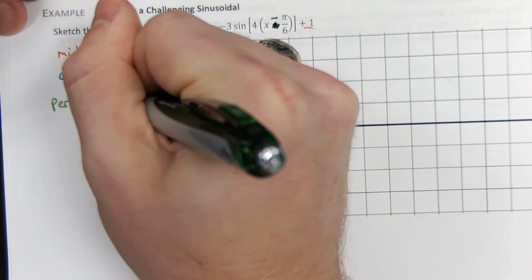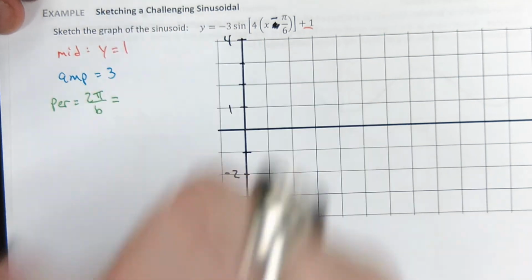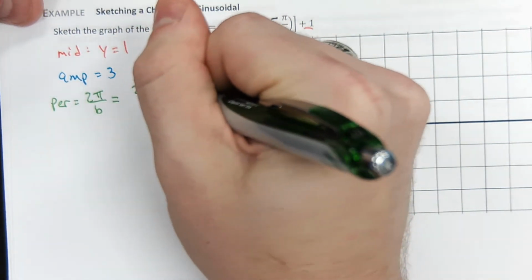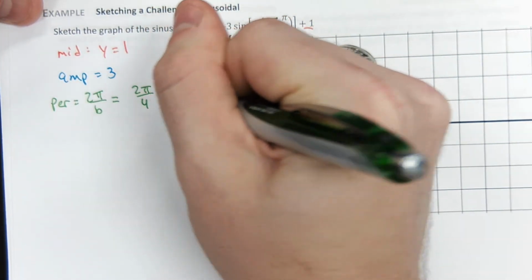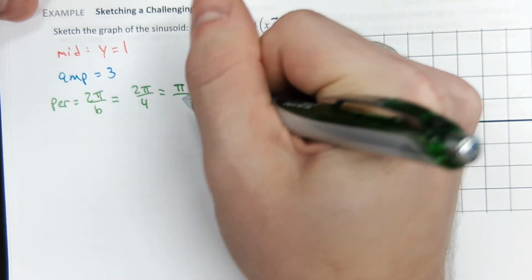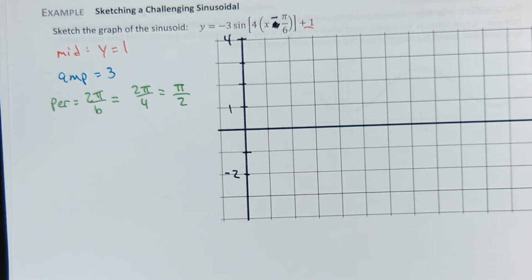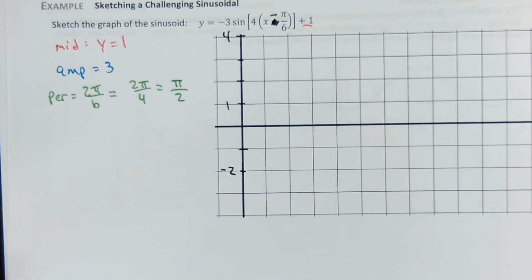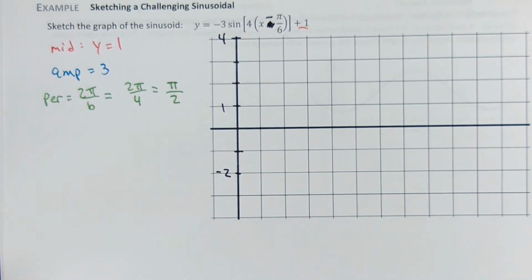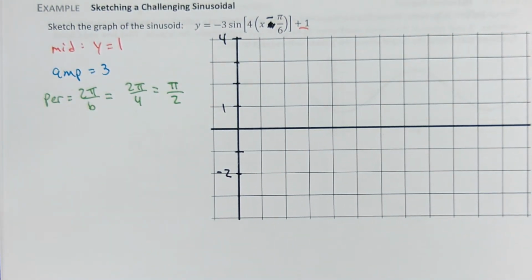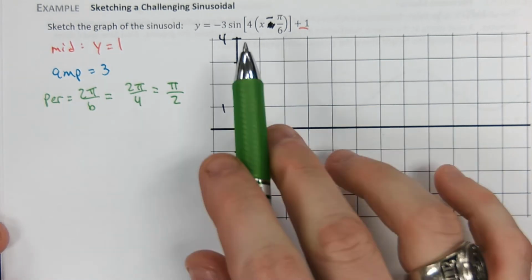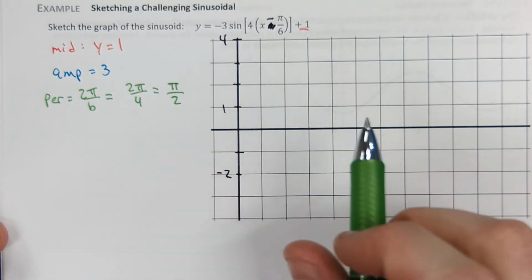Two pi over b, and our b value this time is a 4. Oh, this period length is pi over 2. It's a rather short period length. Yeah, it's a quarter. This is a horizontal shrink factor 1/4.